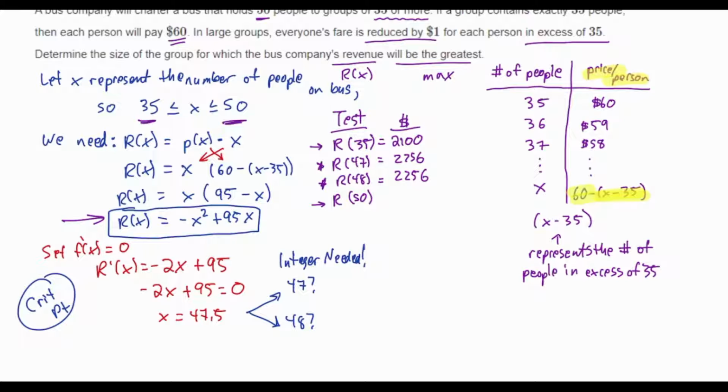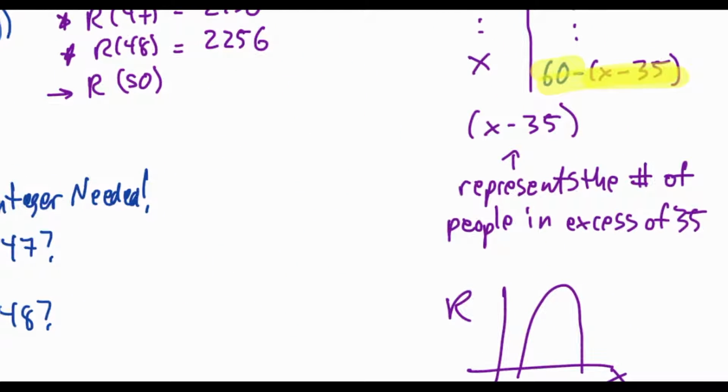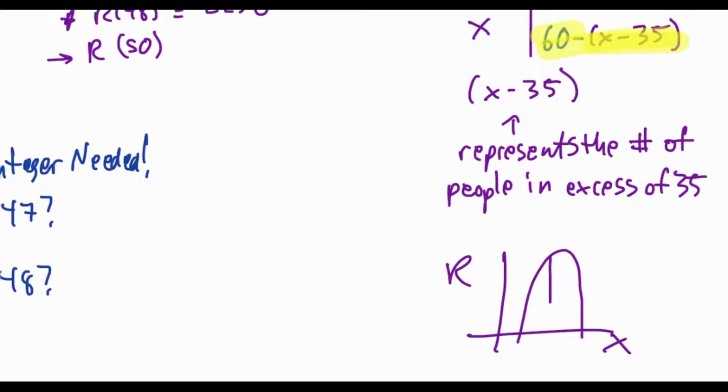So it doesn't actually matter. Either value will maximize our revenue. Basically, we can think of it like this: we have a curve, revenue as a function of x, and 47 is probably right here, 48 is right here. I say probably because I haven't looked at the graph.